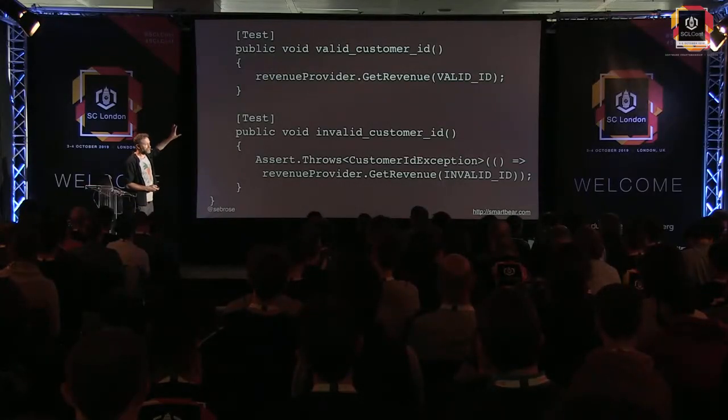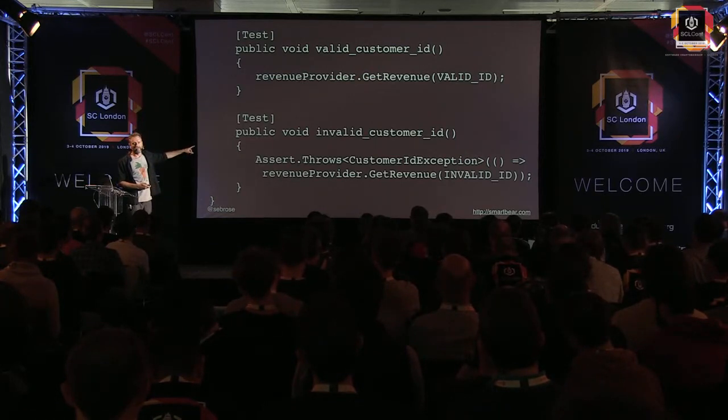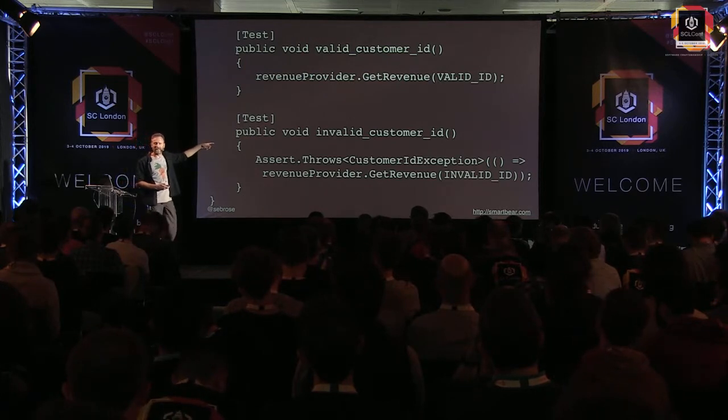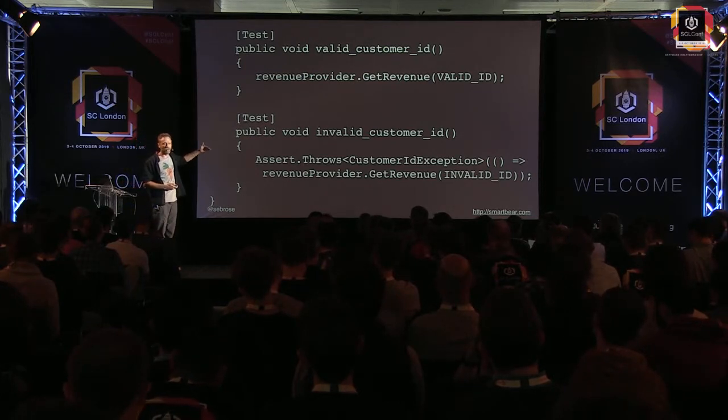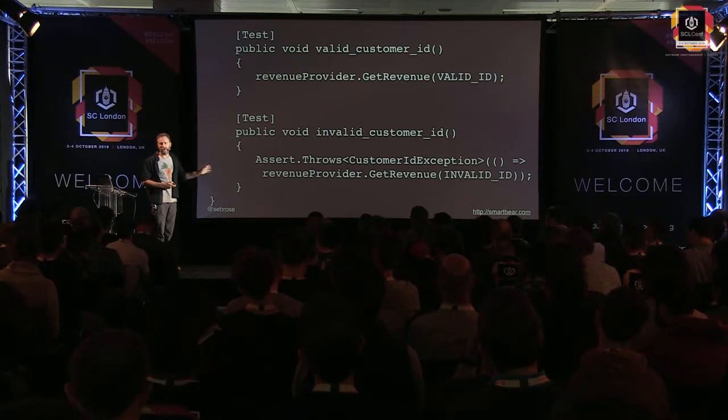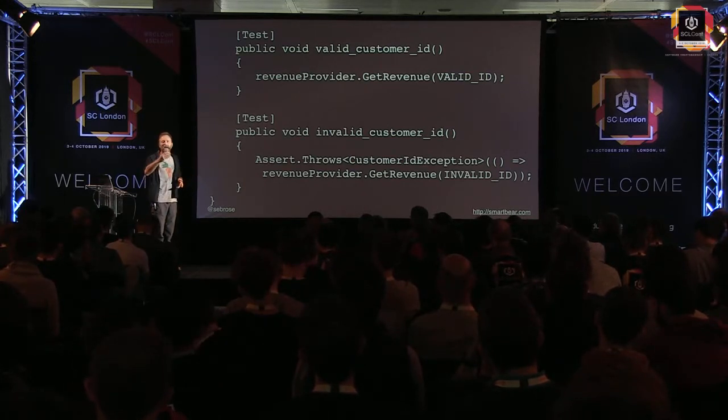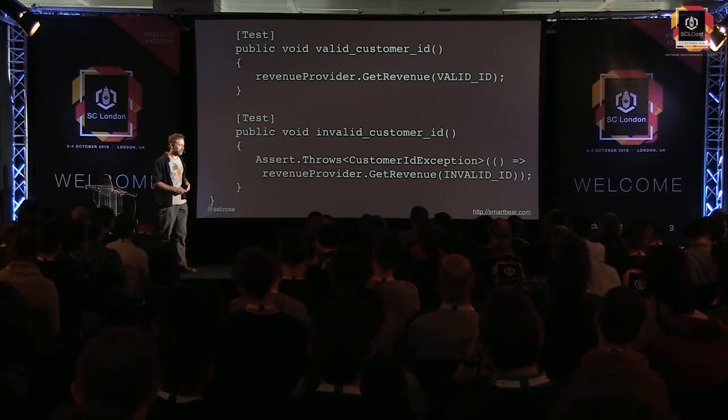So this is the abstract class. These tests define our contract. And there would probably be more of these tests, but it's these tests that actually document the contract between component A, or the component that you're using, and the component that you're dependent on.